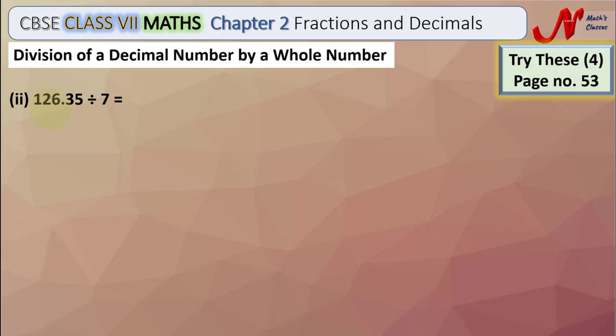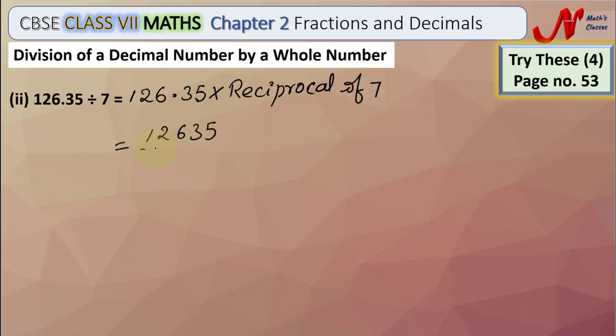Now we find the value of 126.35 divided by 7. It can be written as 126.35 into the reciprocal of 7. So it can be written as 12635 divided by 100. In the denominator we write 100 because after the decimal point we have 2 digits, and the reciprocal of 7 means 1 by 7. Now we cancel: 7 ones are 7, 7 ones are 7, meaning 5, so it will become 56. 7 eights are 56, keep 0, 7 fives are 35.